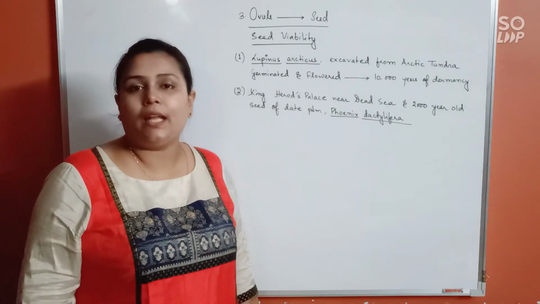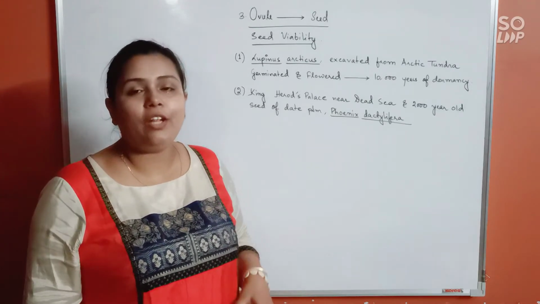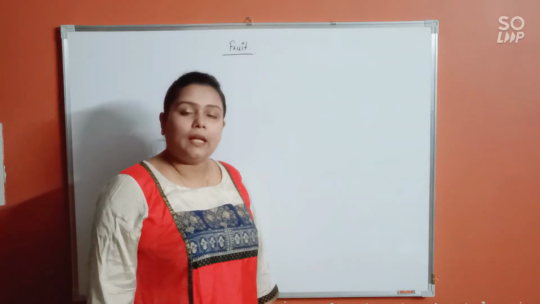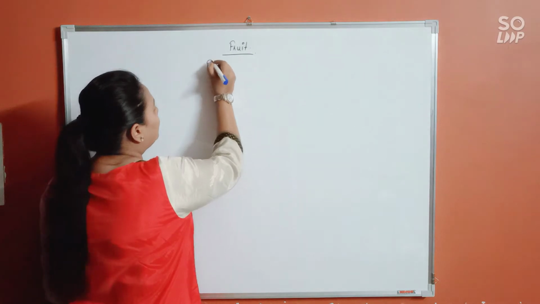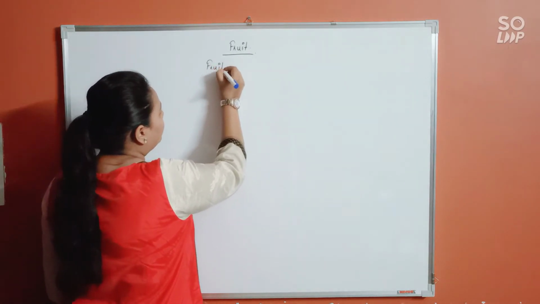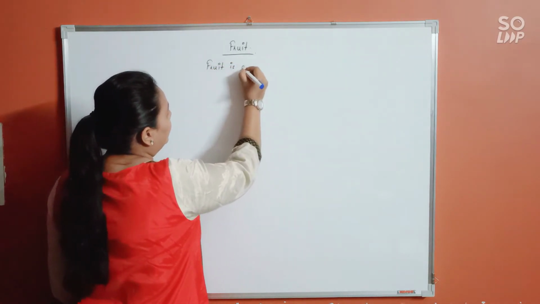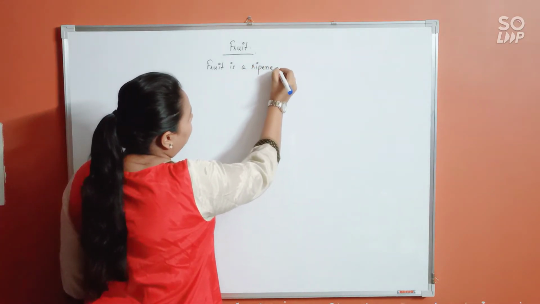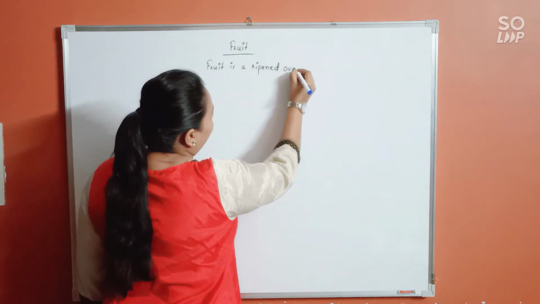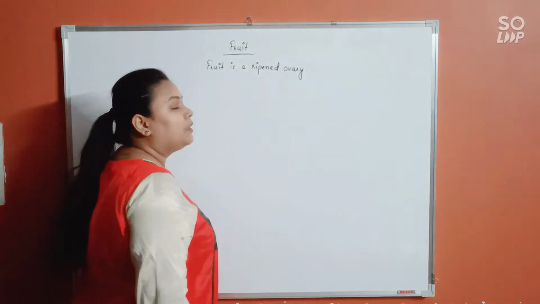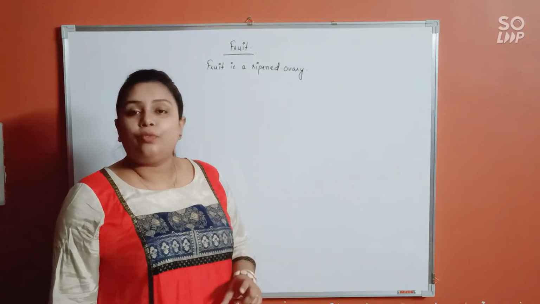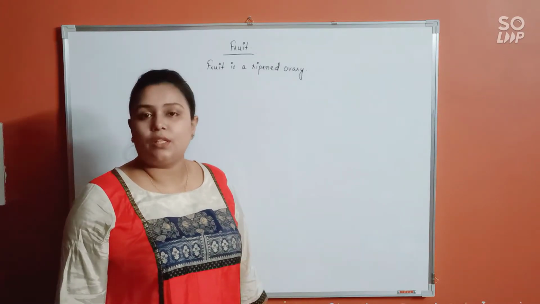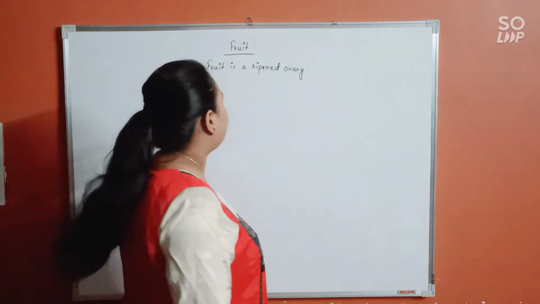The last part that is left is how an ovary will develop into fruit. So now all of you know that fruit is a ripened ovary, right? Just like ovule ripens into seed, likewise the ovary ripens into a fruit, right?